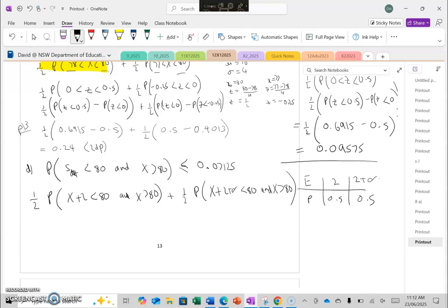The first guy is a bit interesting because this says x is less than 78 and x is greater than 80. That's obviously impossible. There's no way for you to be less than 78 and greater than 80. So that guy goes to 0. So that term basically disappears and we can focus on this term here. Okay, I'm just going to remove this table and include my inequality.